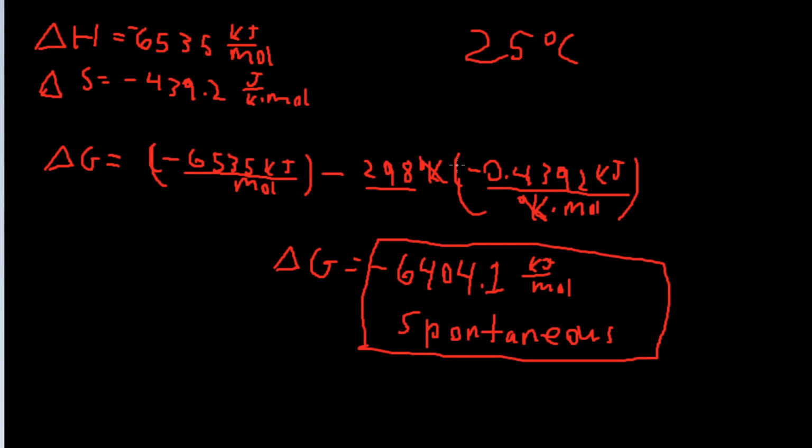So then you multiply that by the kilojoules, and for this it's 0.4 kilojoules rather than 400 joules because you have to convert it into kilojoules form to match the enthalpy. So that's kilojoules over Kelvin times moles. Kelvin cancels out. The answer is in kilojoules over moles, and it's negative 6,404.1 kilojoules over moles. And since it is less than 0, that means that this is a spontaneous reaction.